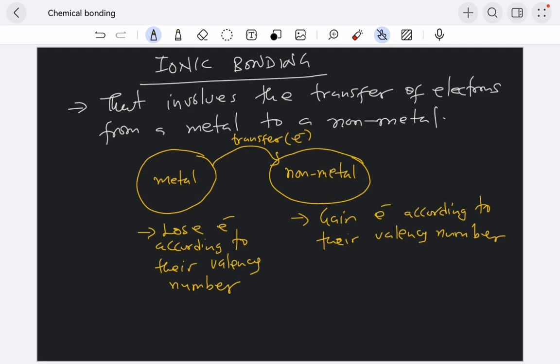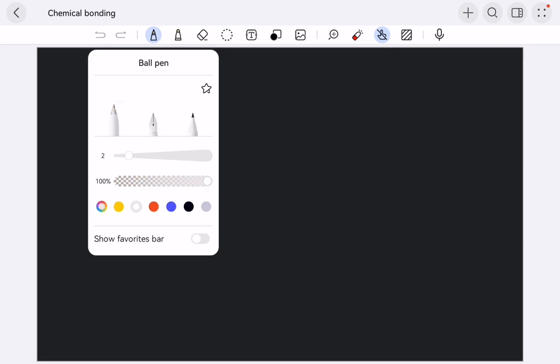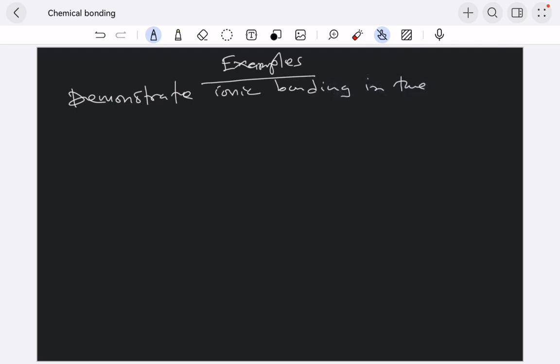Let's quickly look at examples. So examples: demonstrate ionic bonding in the following using dots and cross diagrams.